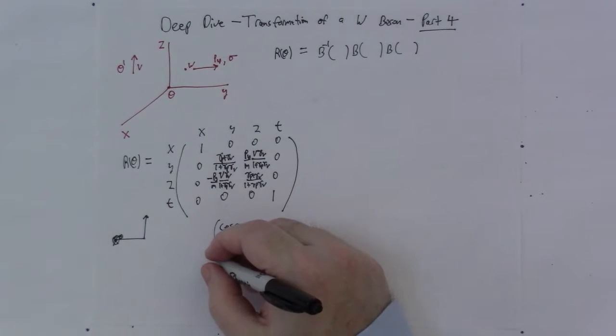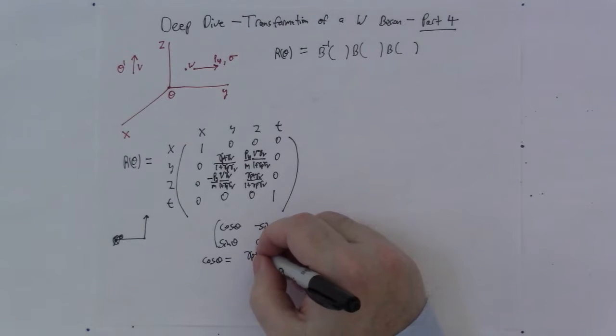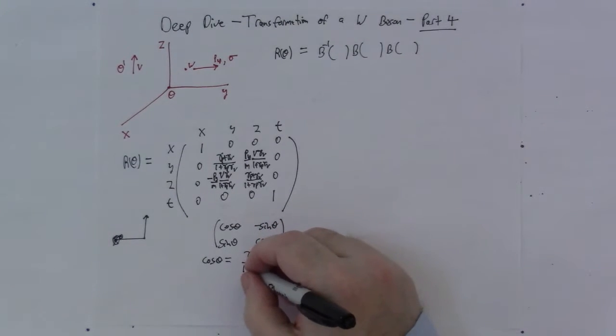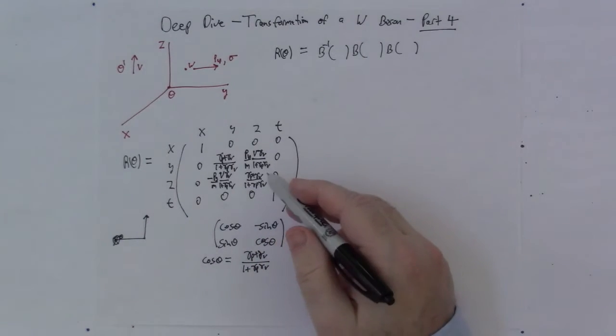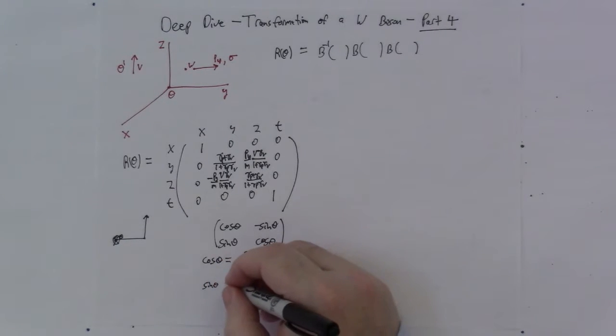What you'll get is cosine theta, and if you think about it, you can verify these signs and that the angles are right from the boosts.